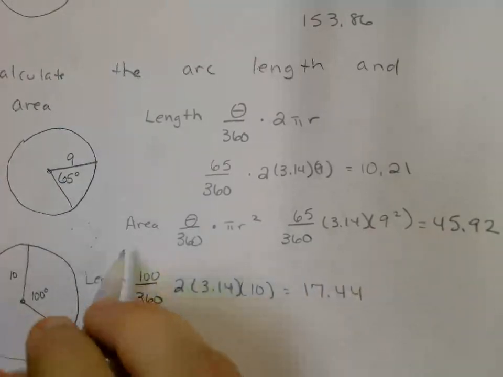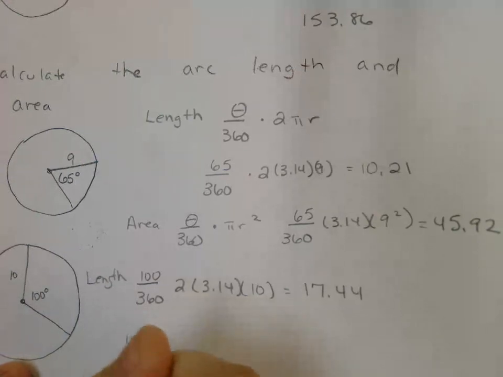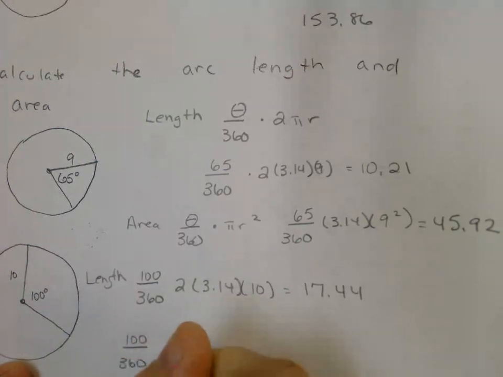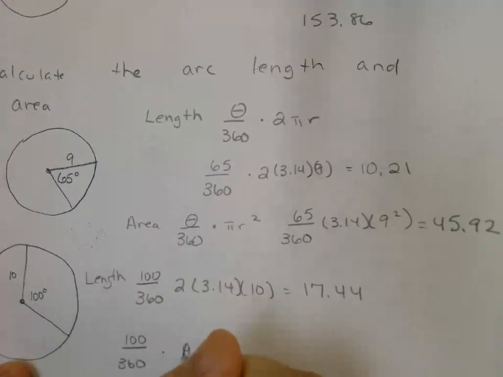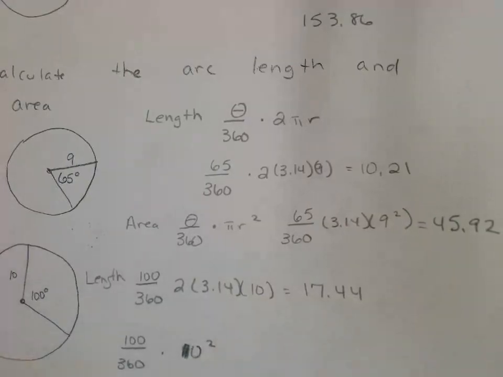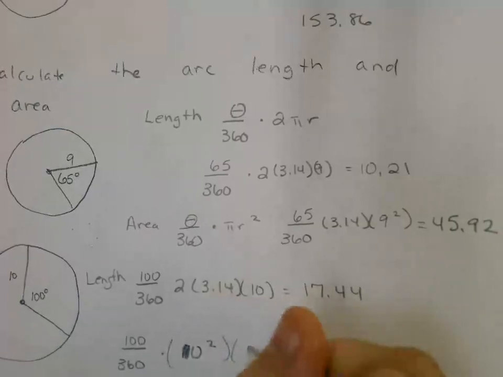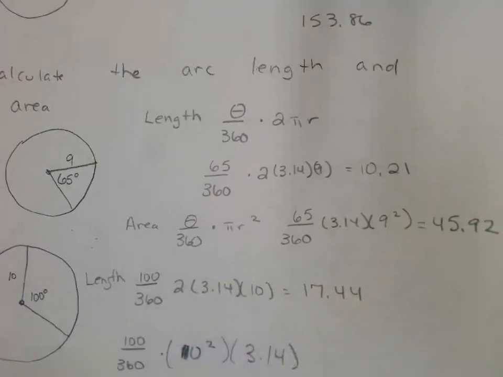And then for area, I'm going to do 100 over 360 times 10 squared times pi. I reversed those numbers, but it's the same thing.